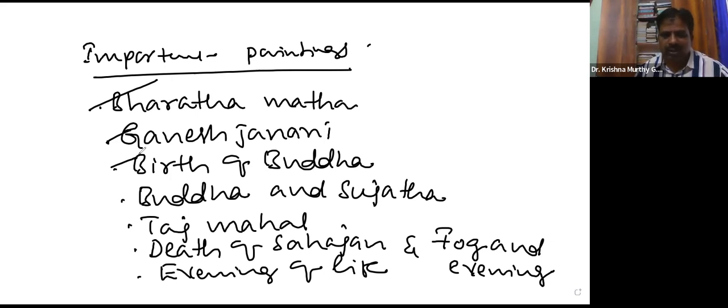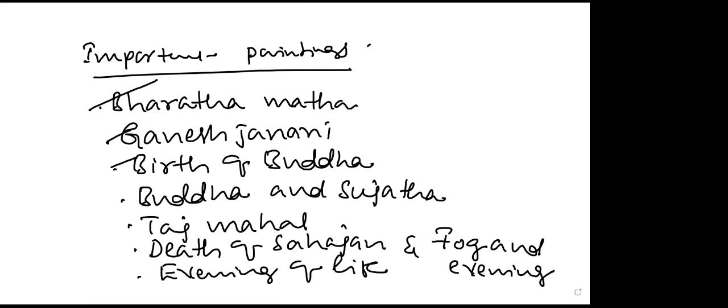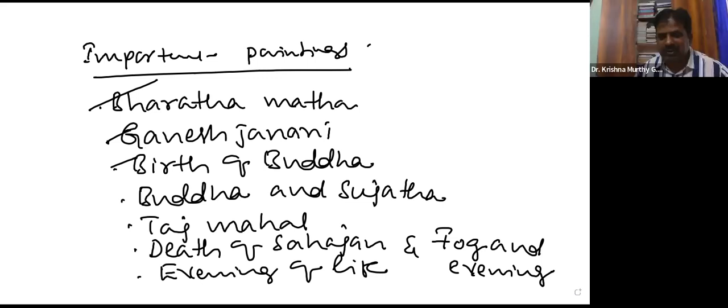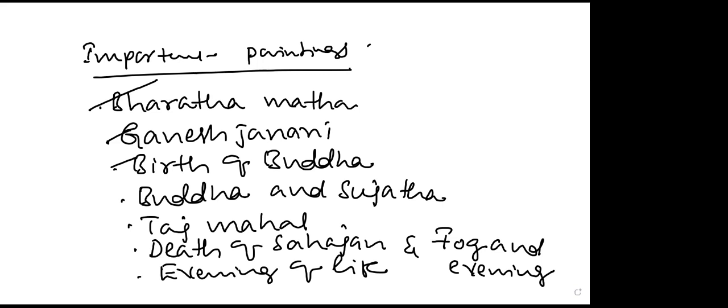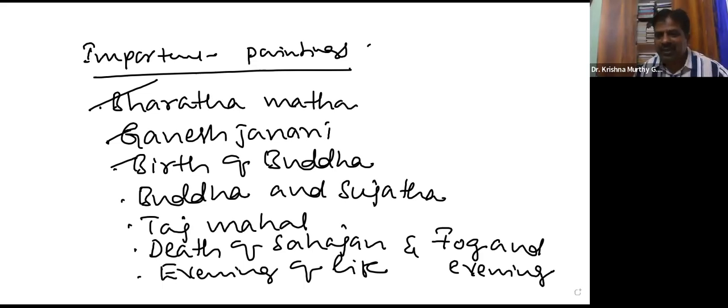Buddha and Sujata. Who was Sujata related to in Buddhism? Sir, actually, it was not milk, it was a pudding, when he was hungry. After the enlightenment of Lord Buddha, she gave food and other things to the enlightened Buddha.